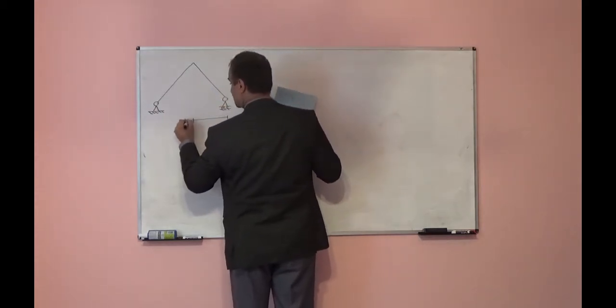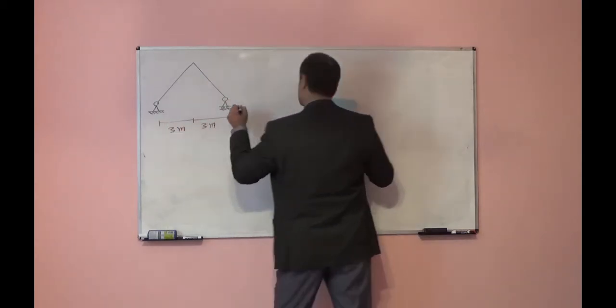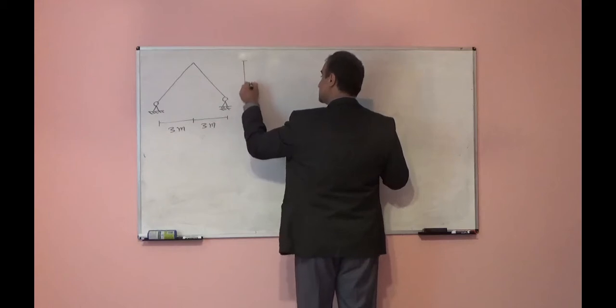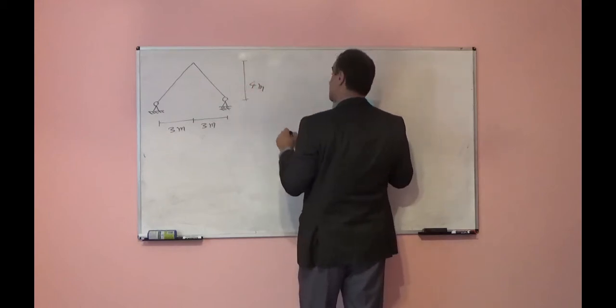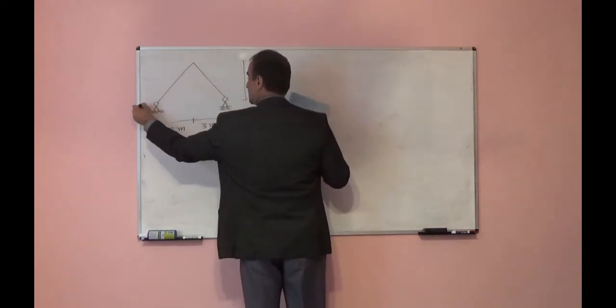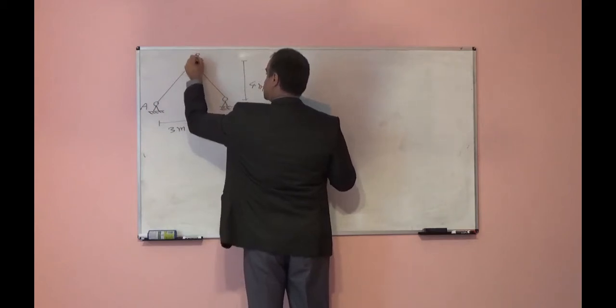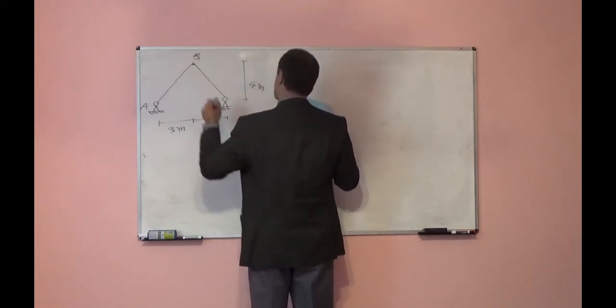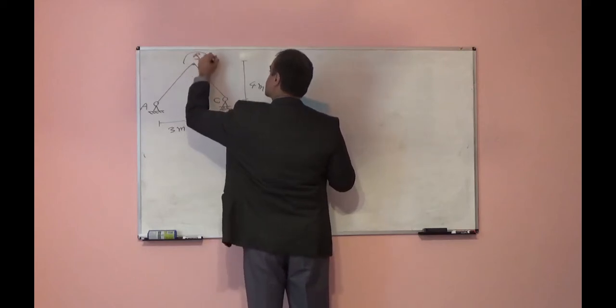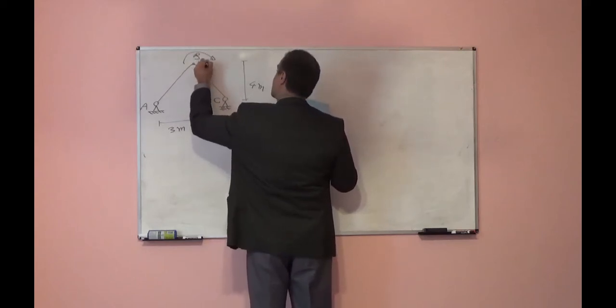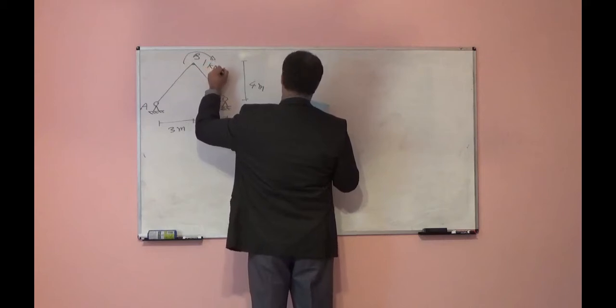From here to here is 3 meters, 3 meters. The height is 4 meters. Here A, B, C. At joint B, which is a rigid joint, we have a concentrated moment of 1 kilonewton meter.